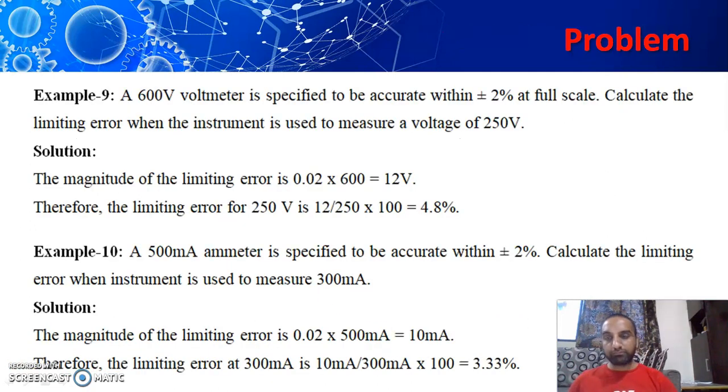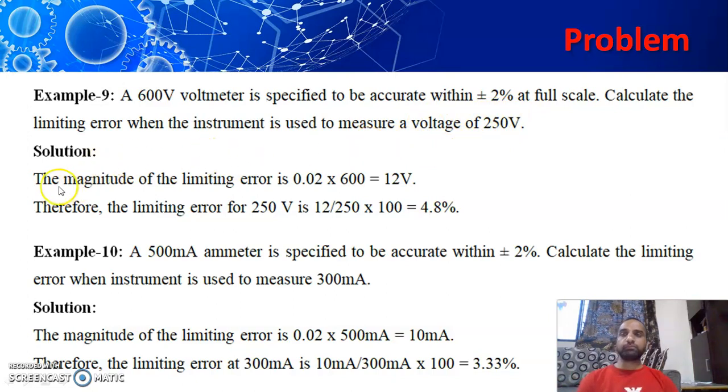We have an example. A 600 volt voltmeter is specified to be accurate within plus minus 2% at full scale. Now calculate the limiting error when the instrument is used to measure a voltage of 250 volt. The full scale deflection is 600 volt, and the limiting error is plus minus 2% for that full scale deflection. But when we use the instrument for 250 volt, the limiting error is not the same.